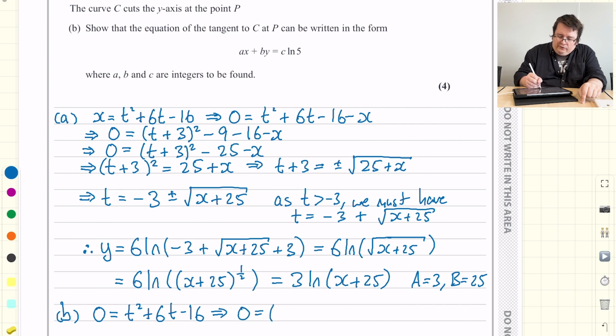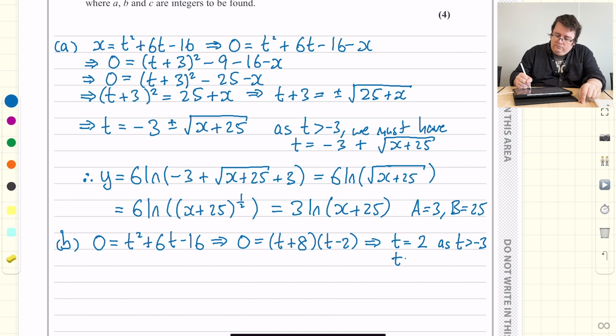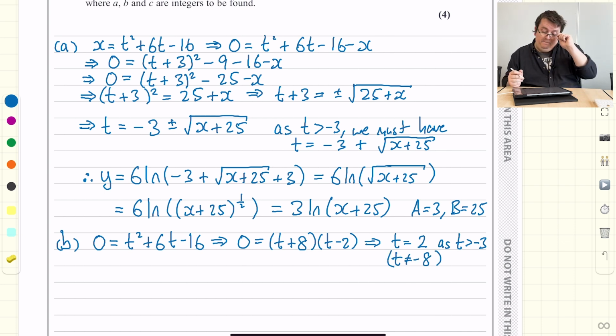So that factorises to t plus 8, t take away 2. So t must be equal to 2, as t, remember, was greater than minus 3. So we can't have t as negative 8. So we've got t equals 2.